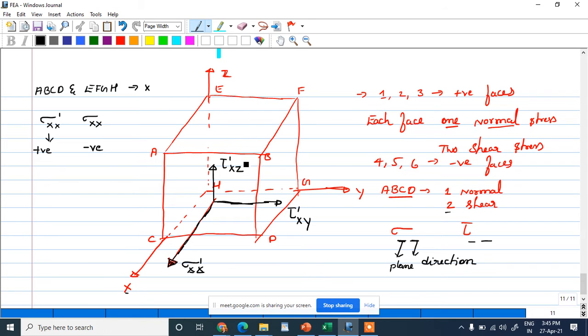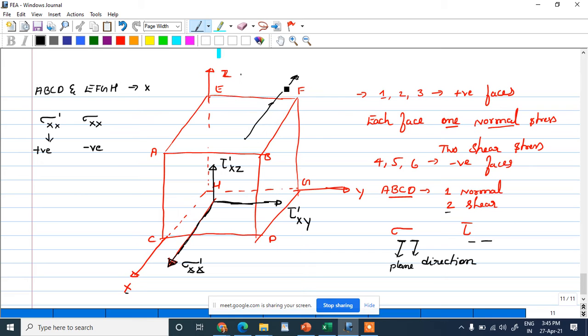EFGH also we have one normal stress and two shear stress. Okay, so for the same we have to mark. So let me indicate. So this will be the, let me take a little bit away and let me mark. See, you just mark parallel.